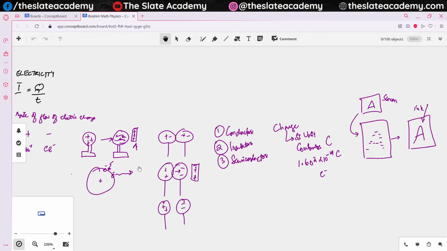And in bracket you can write positive or negative. You can convert a neutrally charged substance into a positively charged one or a negatively charged one, either of the two.